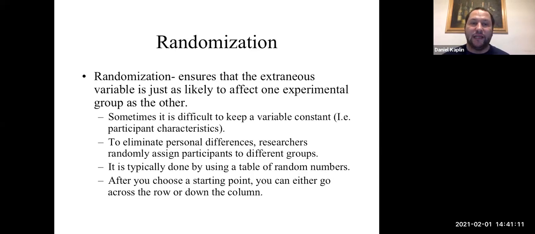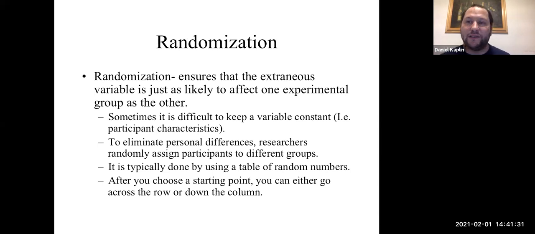Now, randomization, like I said, we have to neutralize certain factors like participant factors, and we do this through random assignment. Now, how do we determine who gets put in an experimental group or a control group? Well, you could do it in many different ways.